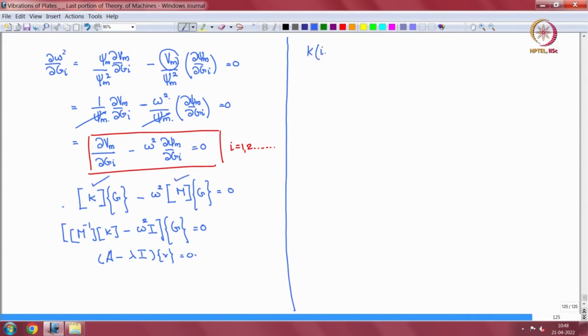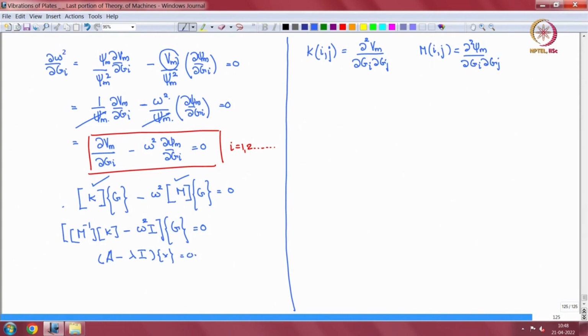The i comma jth element of K is given by del square Vm by del g i del g j, and M i comma j is given by del 2 psi m by del g i del g j.